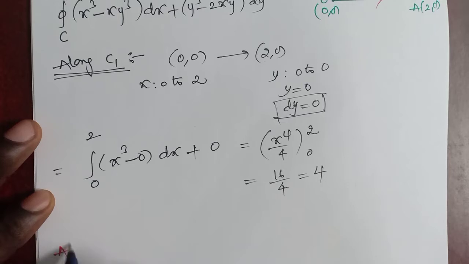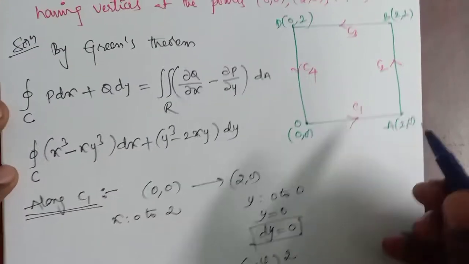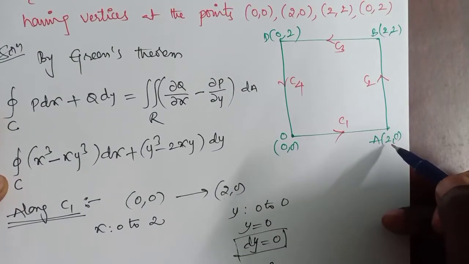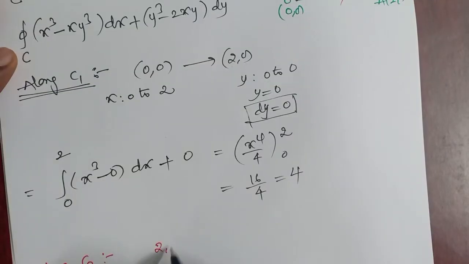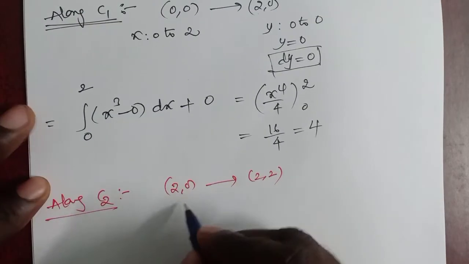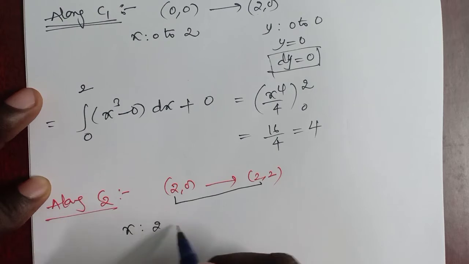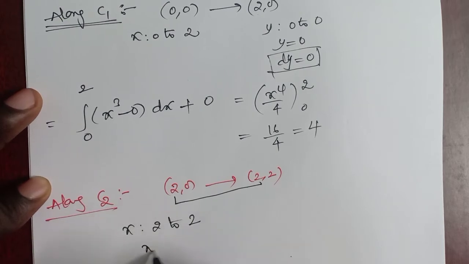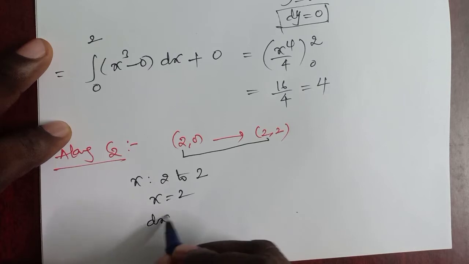Now along C2, what are the changes we observe? From 2 comma 0 to 2 comma 2. So finally what we observe is no change in x. Why? Because x ranges from 2 to 2, which gives x equal to 2. If no change in x, what is the rate of change in x?